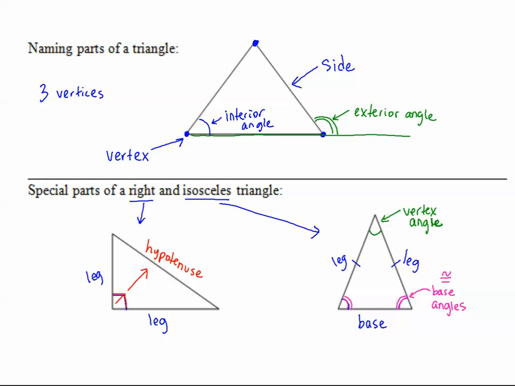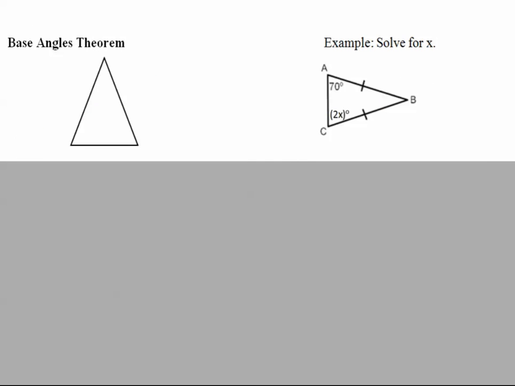So I mentioned the base angles theorem as I was describing the special parts of an isosceles triangle. The base angles theorem tells us that for an isosceles triangle, when two sides are congruent, the base angles also are congruent.